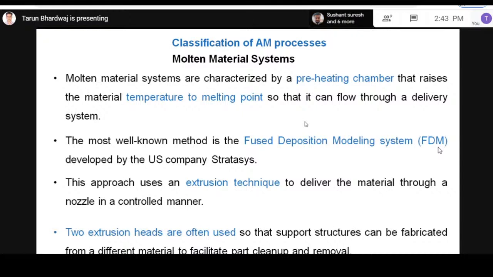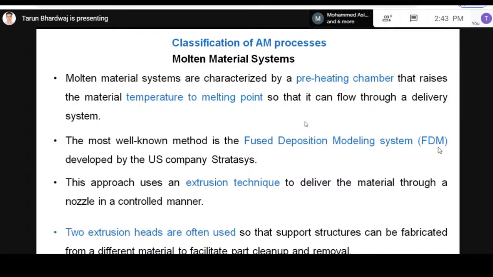If you overlap one bead 50% with the second bead, then the third bead, fourth bead, it makes a single layer. And when this layer is overlapped by another layer and then a third layer, it will be 3D printing.